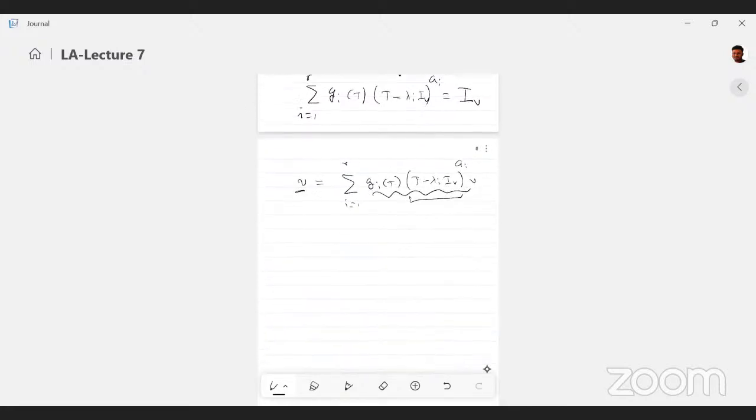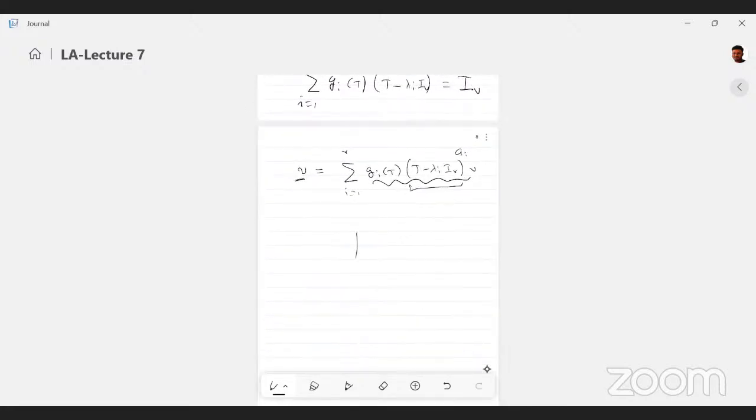What I know is P of T applied to v is 0. Do we know this? Because P is nothing but the minimal polynomial of T. So that means (T minus lambda 1 identity) power a1, etc., (T minus lambda r identity) power ar, applied on v is 0.